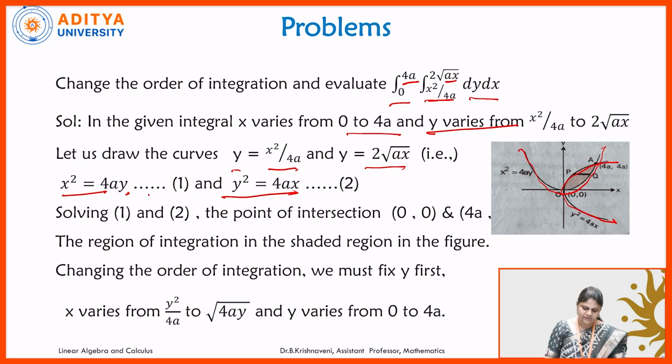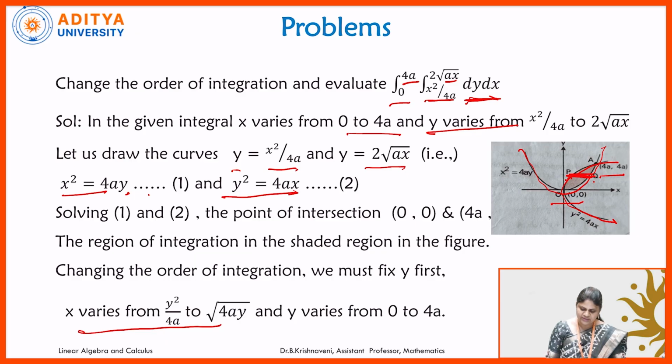Now to find the points of intersection, as I said already, you can substitute one curve into the other curve. If you do that, we will get the points of intersection 0, 0 and 4a, 4a. Now to change the order of integration, here we need to consider a horizontal strip. Why? Because in the question the order given is dy dx, and I need to change the order to dx dy. If we consider a horizontal strip, first you will get x limits from left to right.